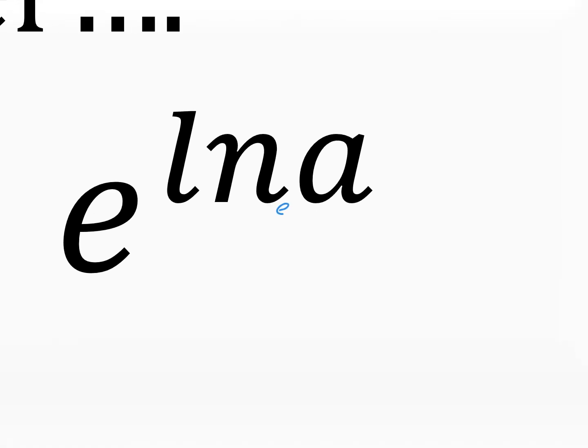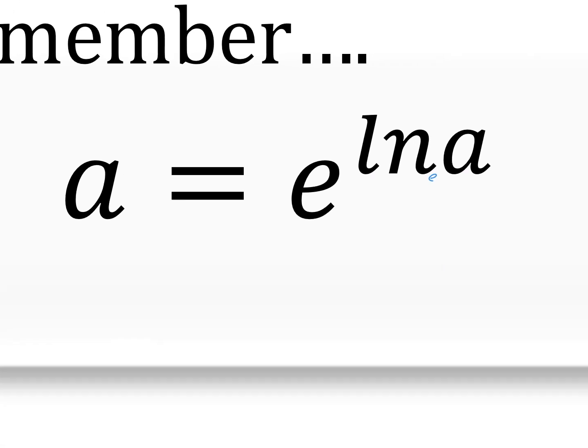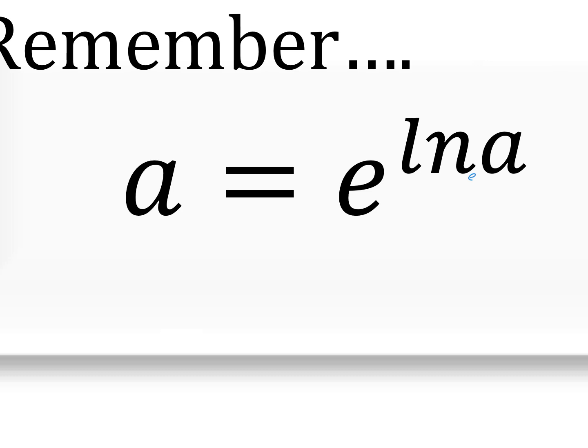Remember, natural log has a base e that we don't write. The natural log of a is a number that we can put on e to get a. So if we take that number and put it on e, what do we get? We get a.